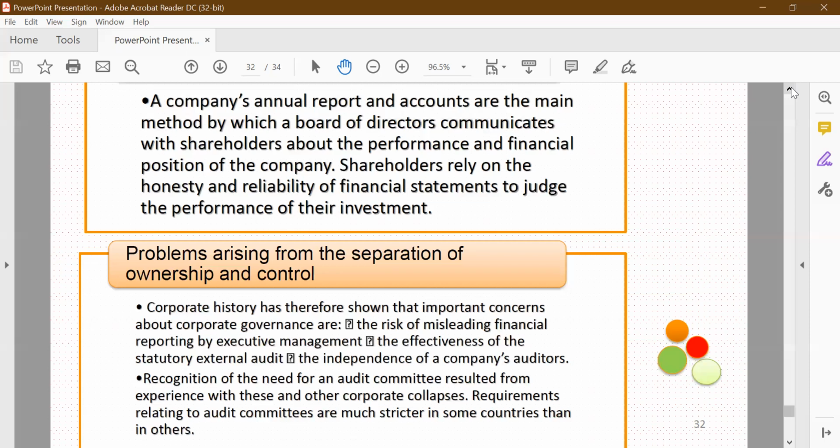Requirements relating to audit committees are much stricter in some countries than in others. Because of these concerns, audit committees became highly needed.